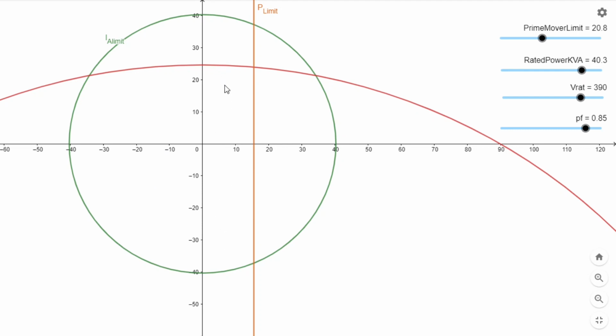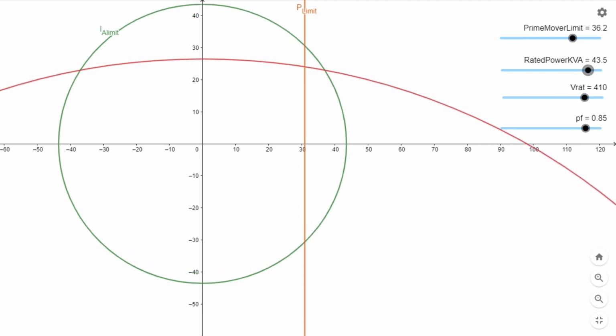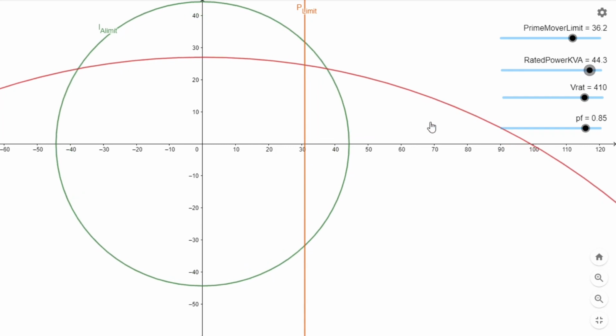It can have a lagging current, which is above, or a leading current, which is negative. That is, it is consuming, right? So those are our various limits in terms of generator capacity. In order for us to understand it a bit better, let's work on an example.